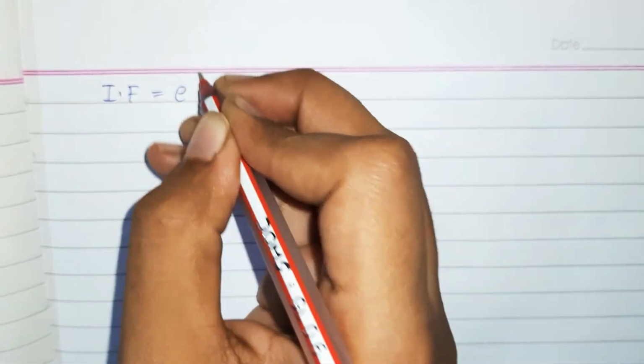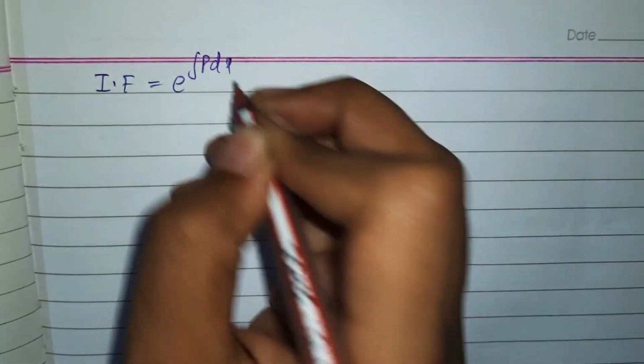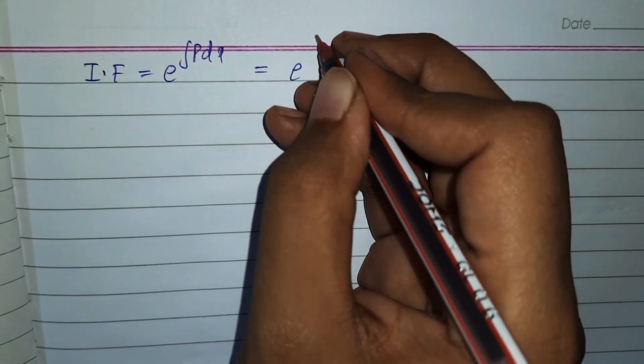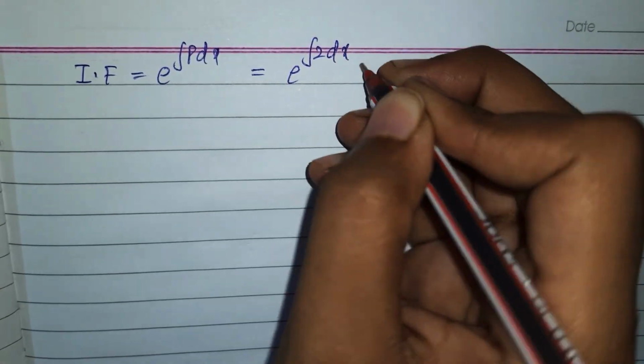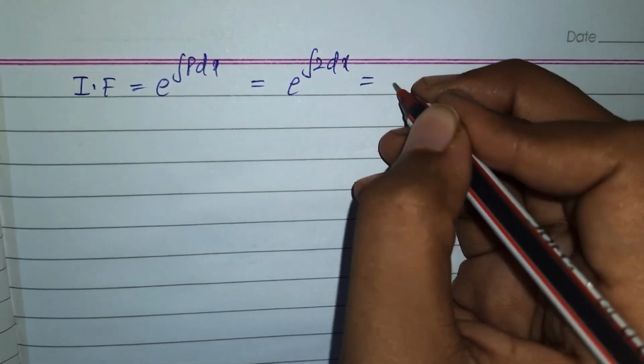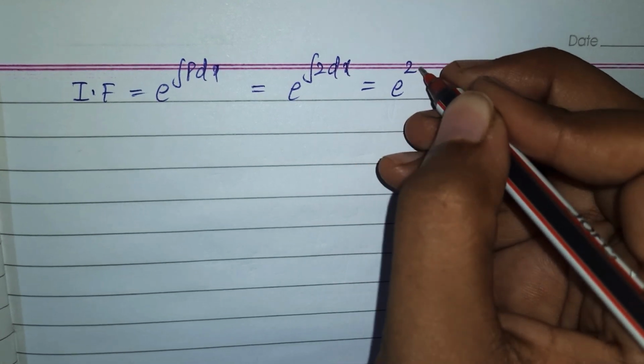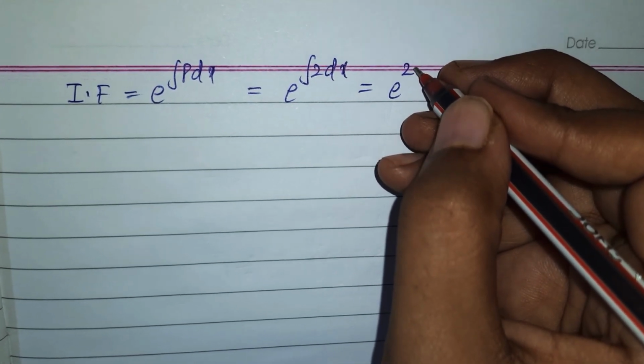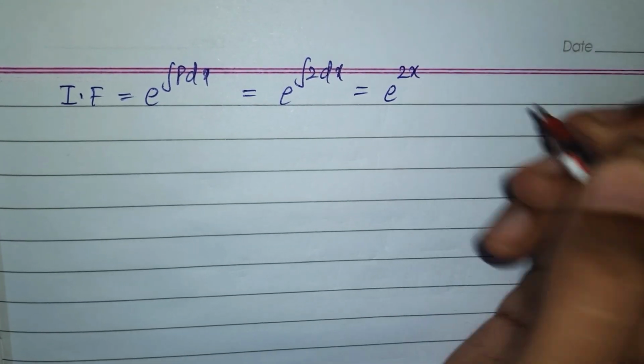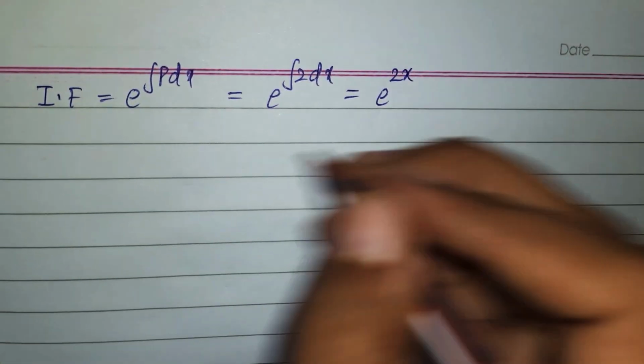The integrating factor formula is e raised to the power integral of p dx. So p is 2, so e raised to the power integration of 2 dx, which is 2x. So this is your integrating factor.